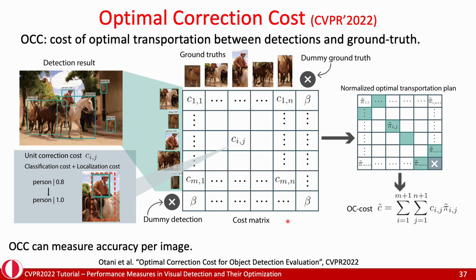After this cost matrix is constructed, optimal assignment of the detections to the ground truths is determined by solving an optimal transportation problem. And this gives us this labeling which denotes the optimal assignments. And based on the assignments, they aggregate the correction costs as the measure of final detection performance.